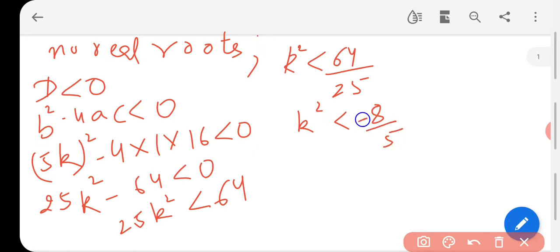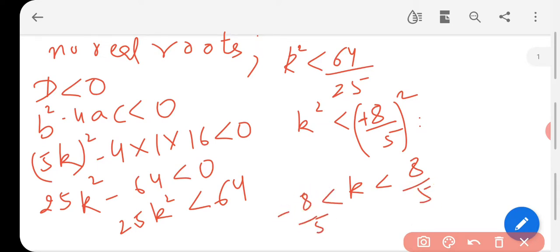But we'll take minus and plus both here, right? So k is lesser than 8 upon 5 but greater than minus 8 upon 5.